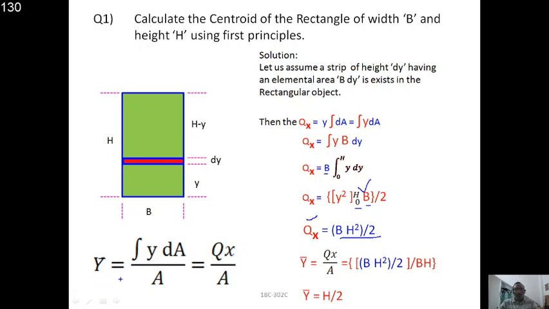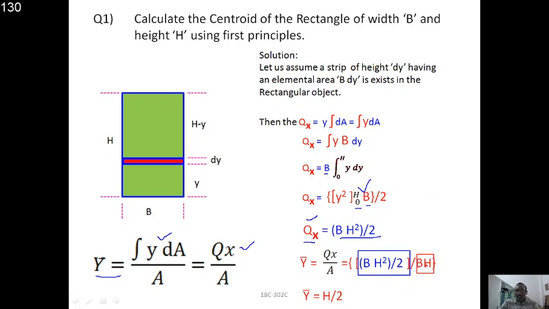But as per the formula, y bar should be equal to the integral of y dA divided by A. That means Qx by A. Qx value is b h square by 2, divided by the A value, the area of the rectangle, which is b h.